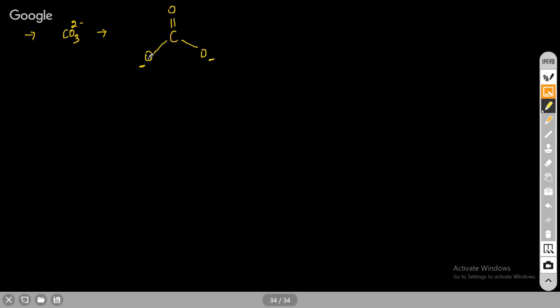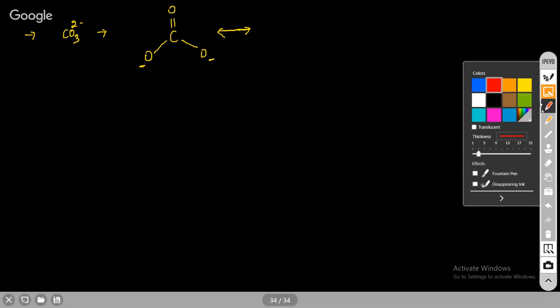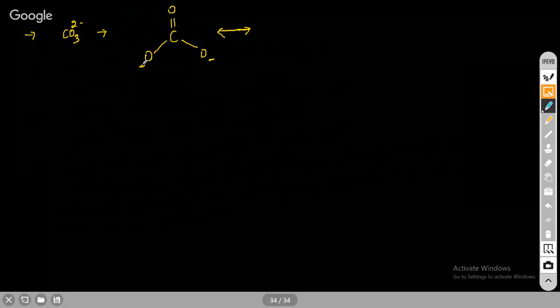If it is a conjugated system, then we can draw the resonating structure of this. And how do we draw the resonating structure? For that, this negative charge comes over here onto this bond, and this pi bond goes onto this carbon atom.